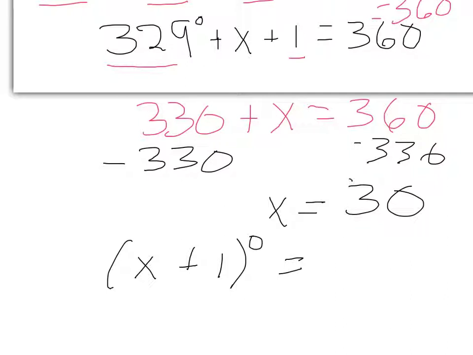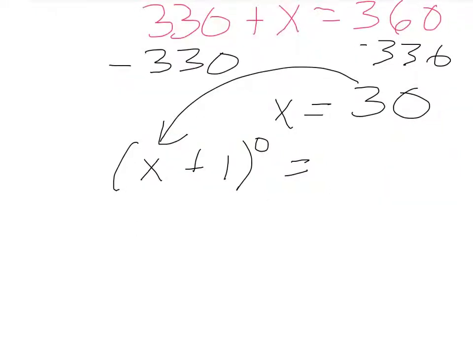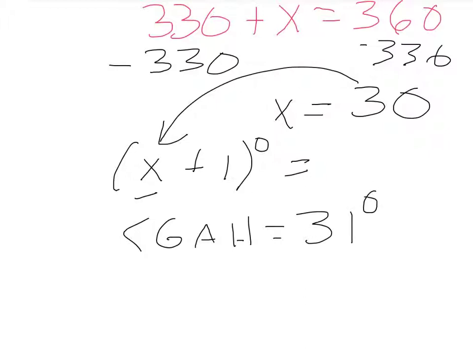So we know that x is 30, so our final answer for the angle that's missing, angle GAH, is going to be 30 plus 1, or 31 degrees. That's our missing angle.